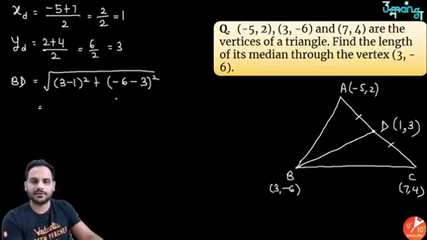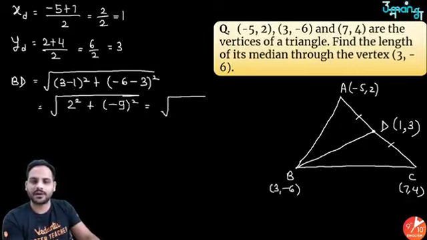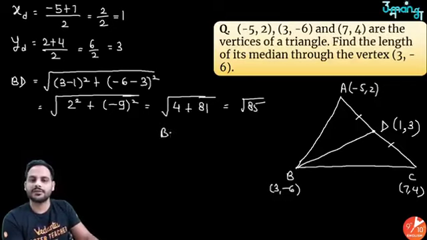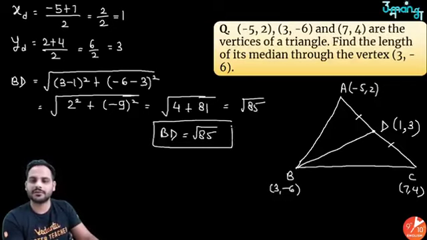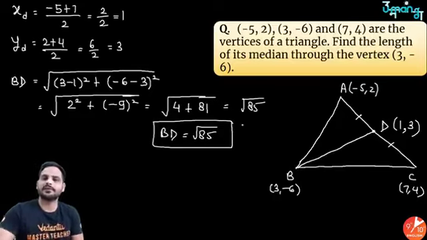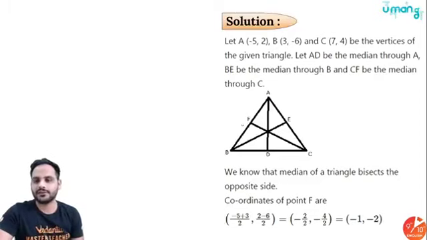So it will be equal to 3 minus 1 is 2 square plus -6 minus 3 is -9 whole square. So you are getting square root of 2 square is 4 plus -9 square is 81, that is square root of 85. So the length of BD is equal to square root of 85 units.